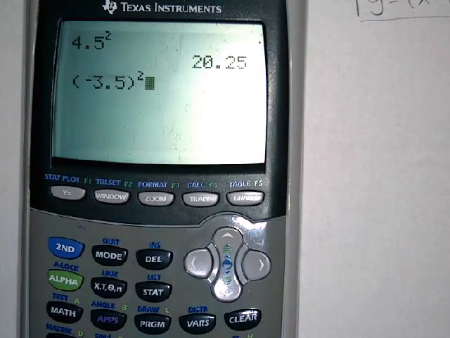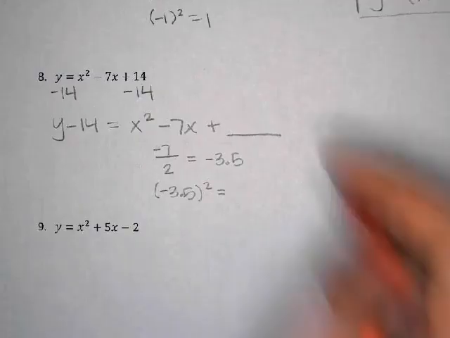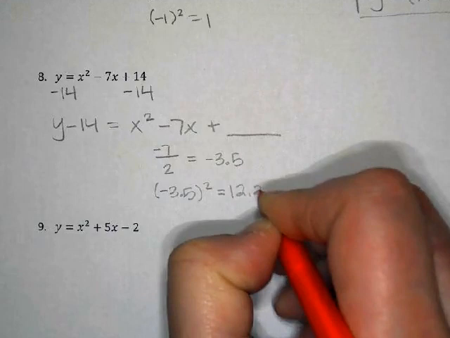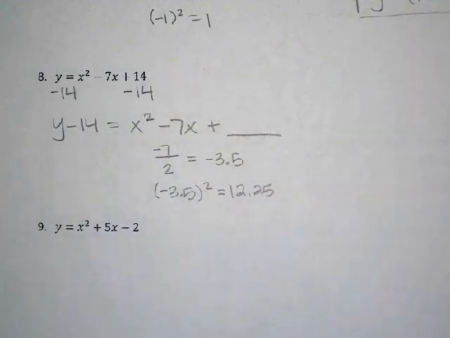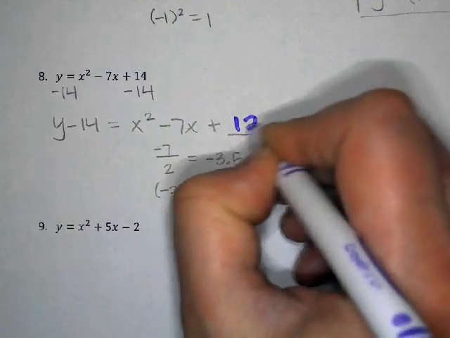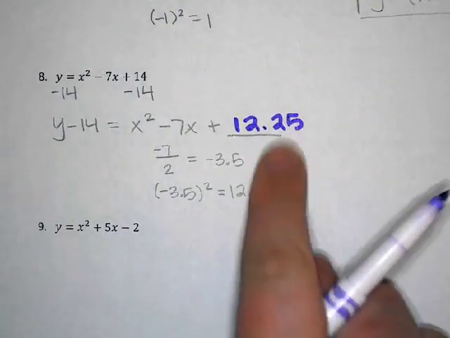So what do I do with the 12.25? I fill in the blank. And if I add it to the right side, then what do I do to the left side? I have to add it over there as well.